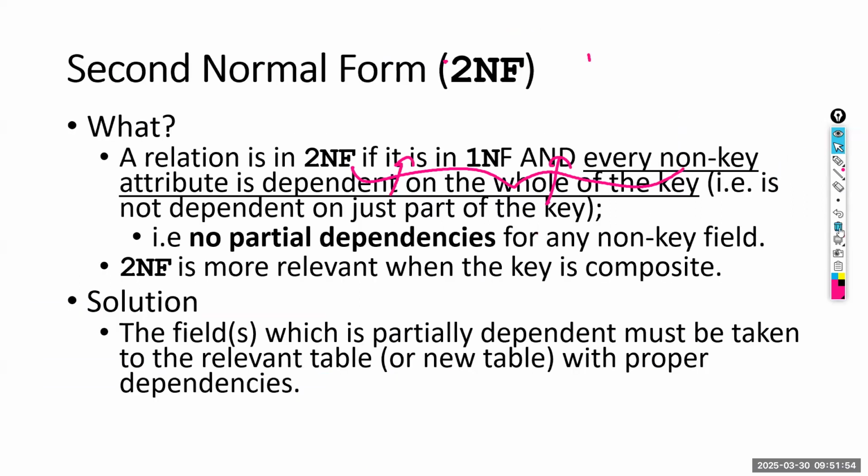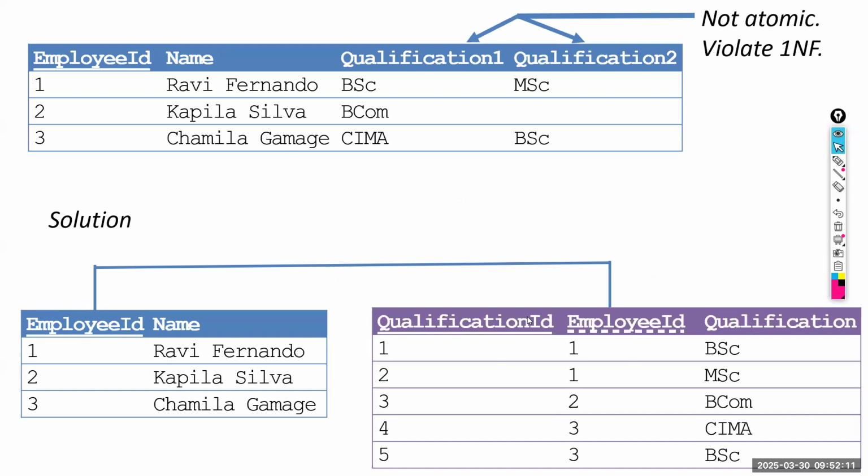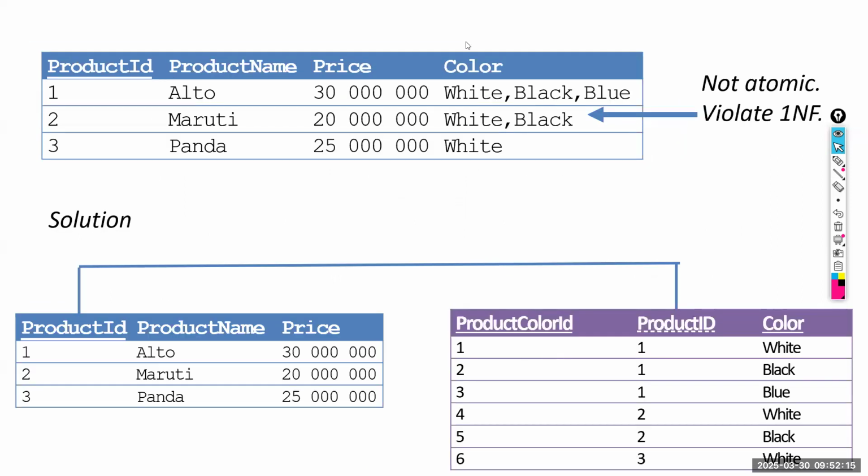Anything else you want to ask about first normal form and the solution? I didn't understand the solution. Can you explain again? Yeah, the solution is we introduce another table. For example, say we have 3 colors of Alto cars in our showroom.